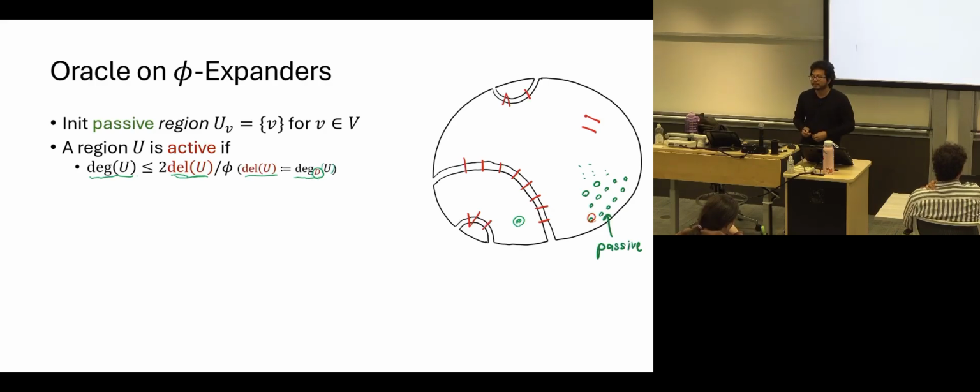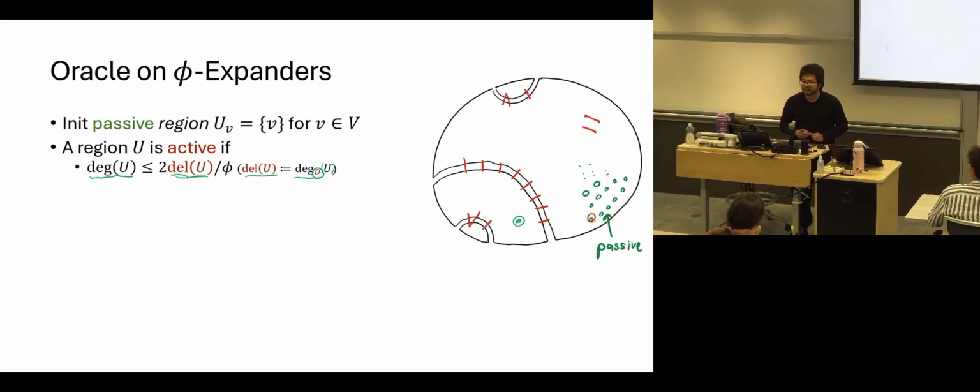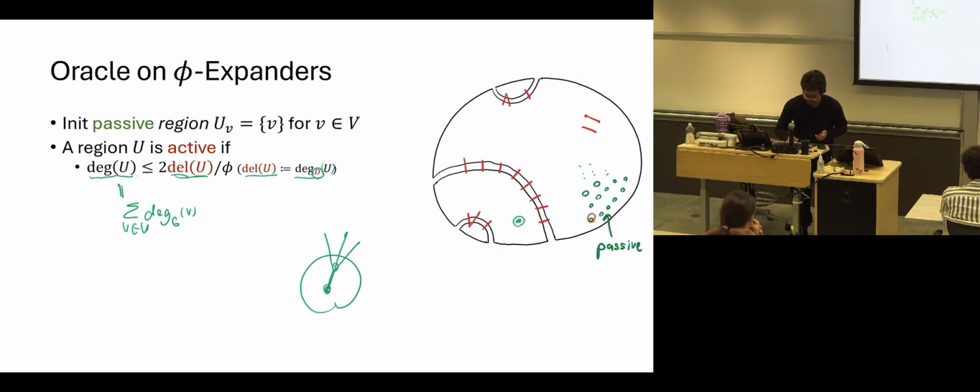Can I clarify? By degree of U, you mean the total number of edges within U, not just the edges going out of U to the rest of the graph? No, it's the sum of the degrees of every node in U. So it counts both. Yes. And the edge inside, you would count twice, but it doesn't really matter.